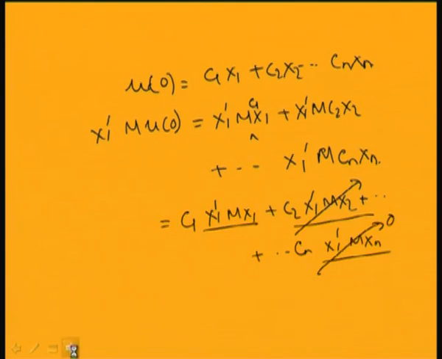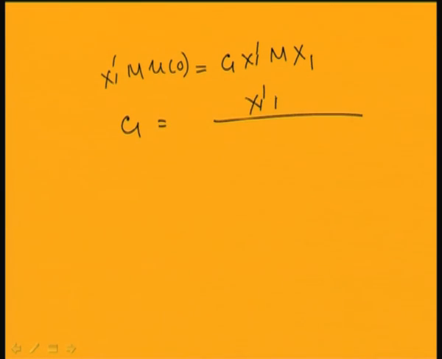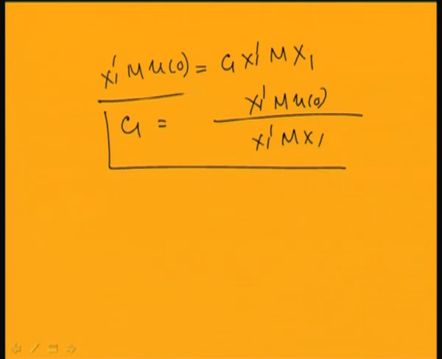So, this reduces to x1 transpose m u0 equal to C1 x1 transpose m x1. From this I can write C1 equal to x1 transpose m u0 divided by x1 transpose m x1. Similarly, I can find C2 and Ci for the ith mode.